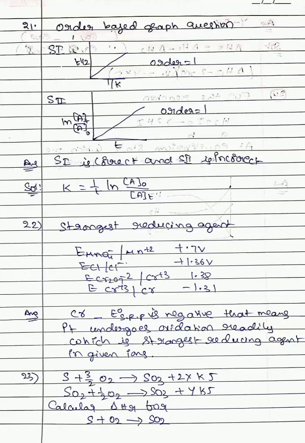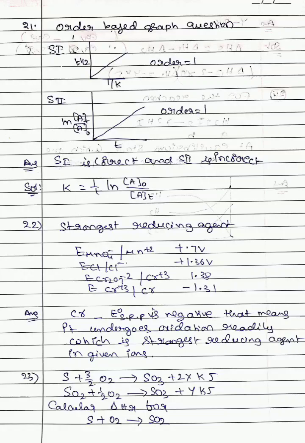If the initial concentration is in the numerator, definitely statement 2 would have been correct. But they have reversed the concentration terms here. That means statement 2 is incorrect. So the final answer: S1 is correct, whereas S2 is incorrect.